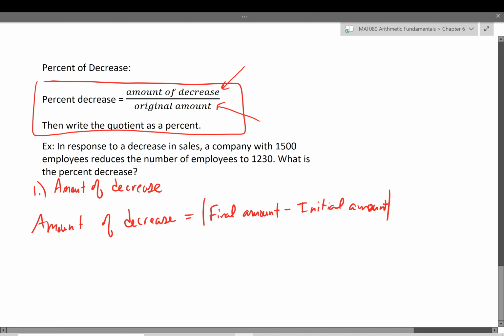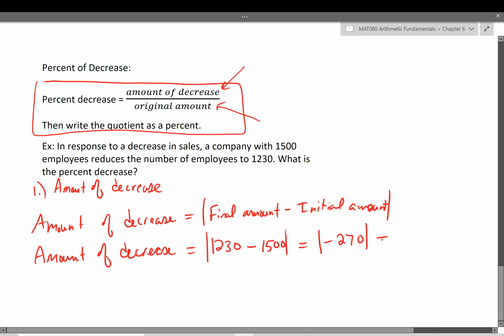And the reason why I say the absolute value is because we want to keep the numbers positive. So the amount of decrease will equal the final amount, 1,230, minus the initial amount, 1,500. That's going to equal the absolute value of negative 270, which is 270.